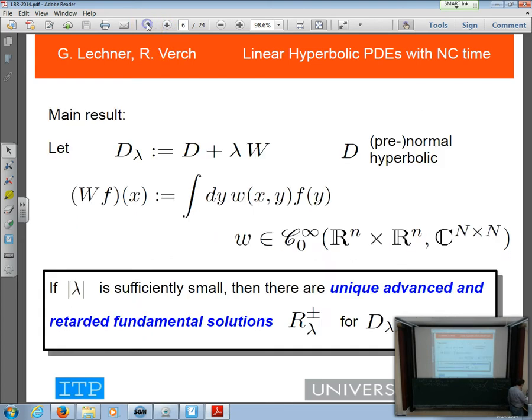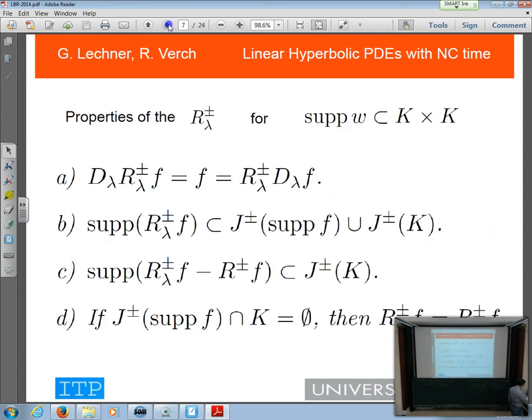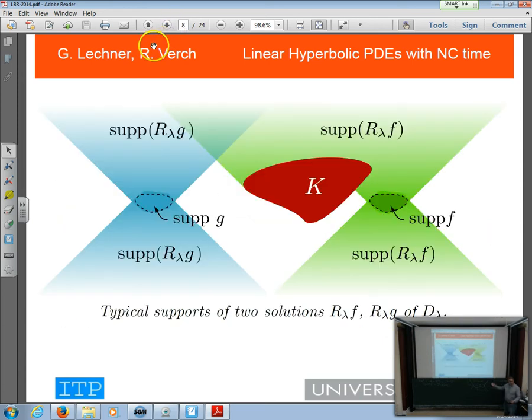And of course, we do have a picture. What I just said is illustrated by this picture. So K is the support region in the source and in the target of the interaction operator. And you see what happens if the future causal shadow of the support of F intersects K non-trivially. The future solution has potentially a much enlarged support.